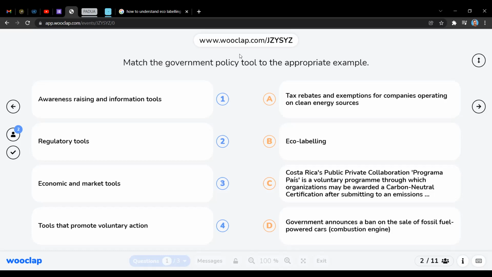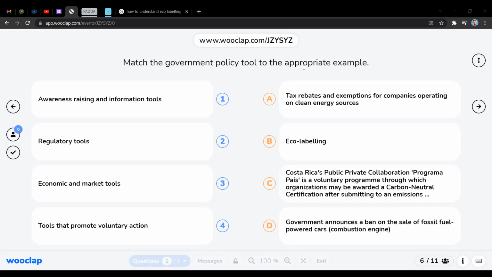We are talking about what the government can do to reduce carbon emissions. Let's be quick. Okay, we have 6 people. Match them. WooClap, JZYSYZ.